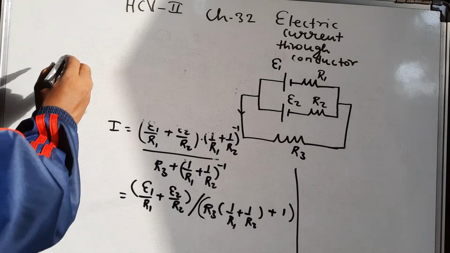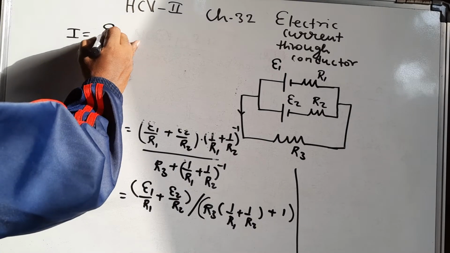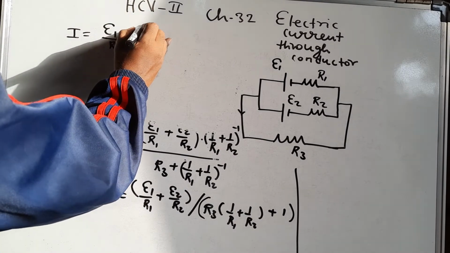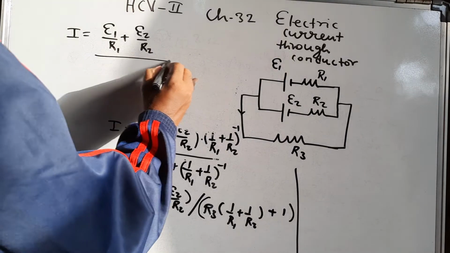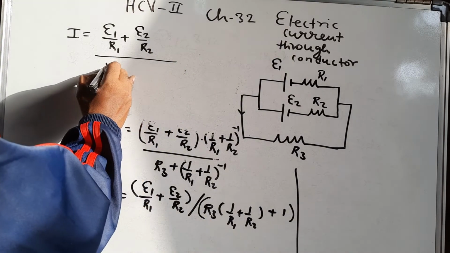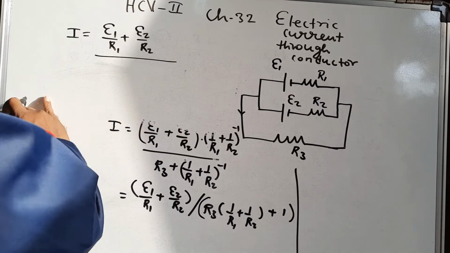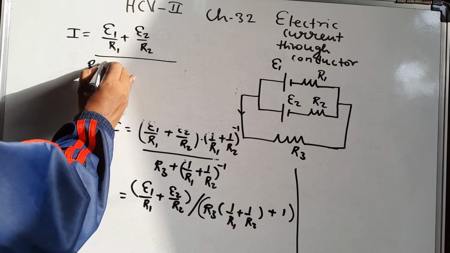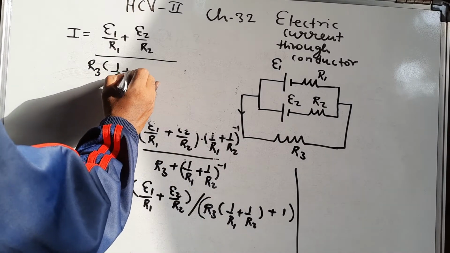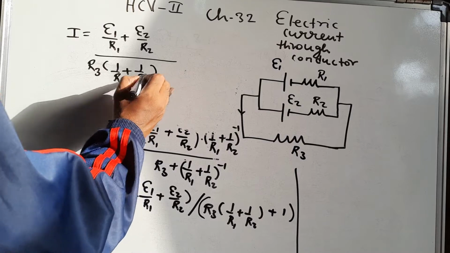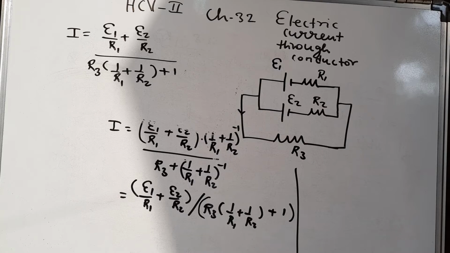So I will be equal to E1 by R1 plus E2 by R2 upon R3 into, or I may just hold this R3, don't distribute that to 1 by R1 plus 1 by R2, let it be like this only, plus 1. So this is your I.